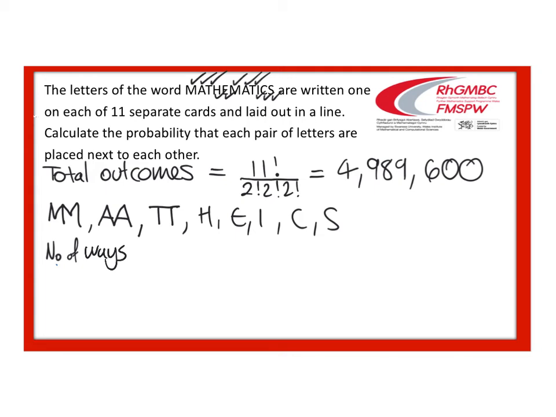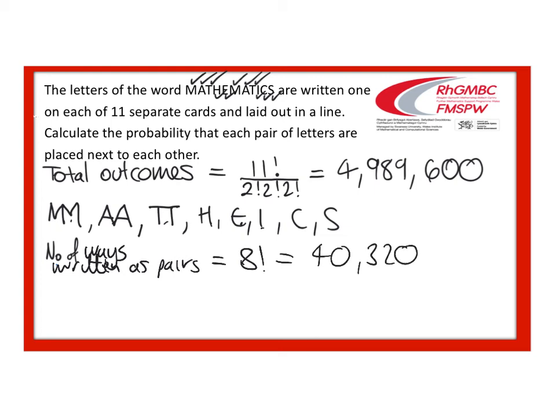Now, because I've written the double M, the double A, and the double T as a unique single character, or at least that's how I consider it, all I have to do is, what's the number of ways this can be written as pairs? So I'm going to do 1, 2, 3, 4, 5, 6, 7, 8 factorial. And there are no repeats. So 8 factorial, which when we calculate that on a calculator will give you 40,320.